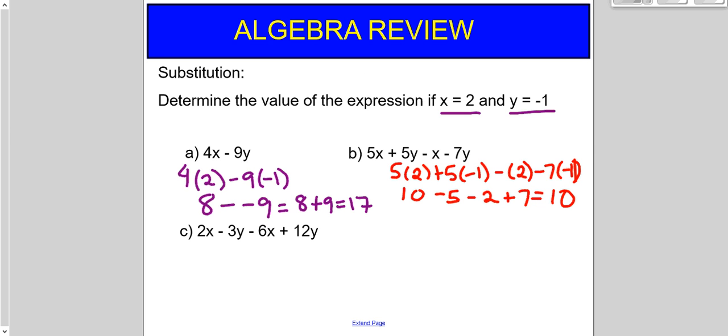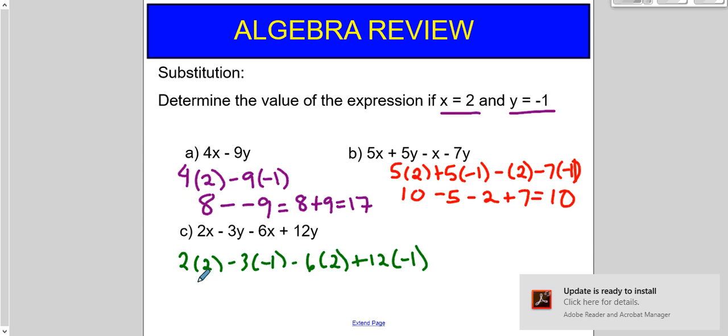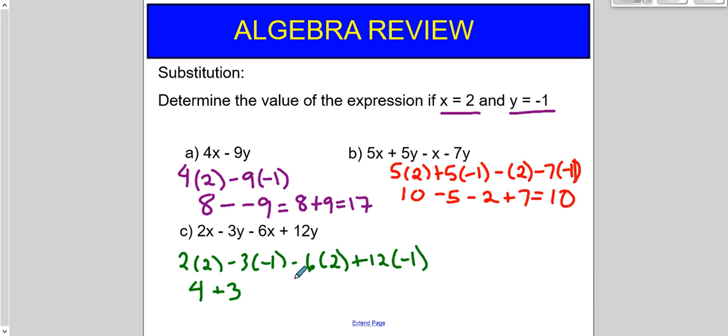All right, and then this last example, 2 times 2 minus 3 times -1 minus 6 times 2 plus 12 times -1. And we end up with 4, -3 times -1, which is plus 3. -6 times 2, which is -12, and 12 times -1, which is -12.